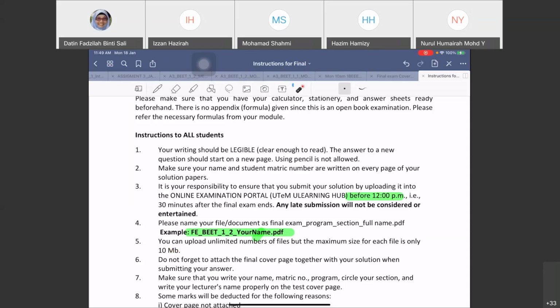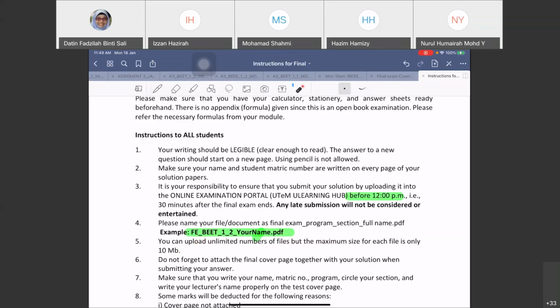But the coordinator just put that you can upload unlimited files, but each file is maximum 10 megabytes. Maybe just in case some people use so many answer sheets and suddenly cannot upload because the size is more than 10 megabytes.